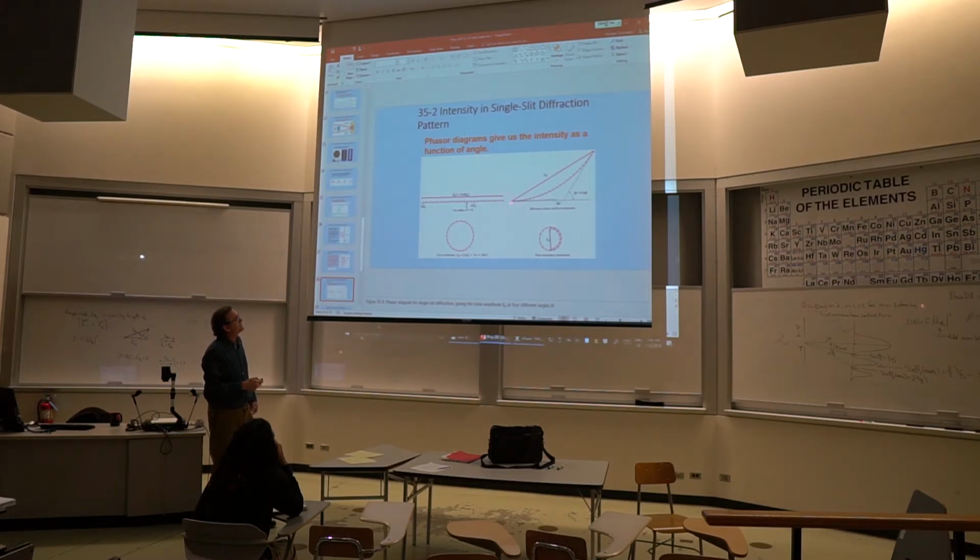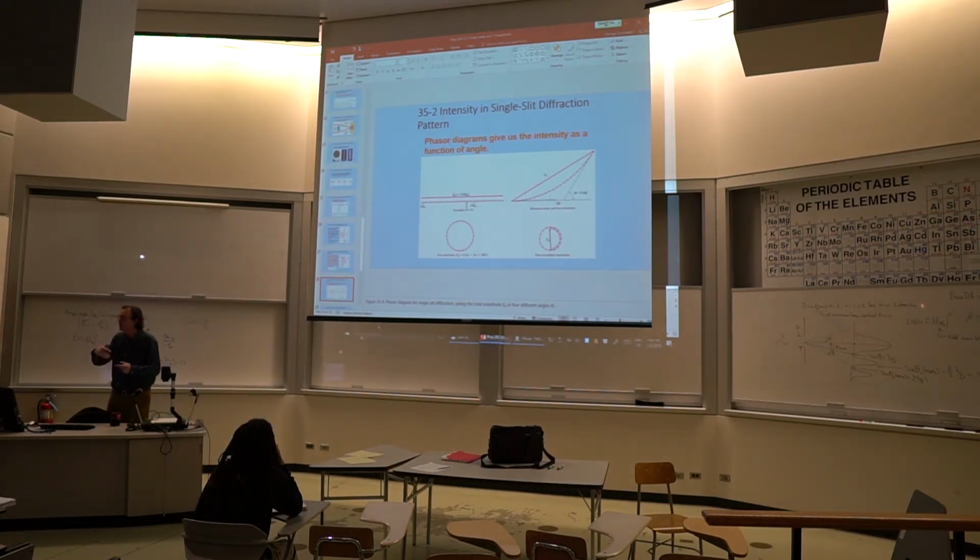The resultant is that the vectorial sum of all of these is the arc of a circle. And now all I have to do is find the chord length. What is the chord length of this as a function of beta? And beta as a function of what angle I'm looking at on the distant screen.